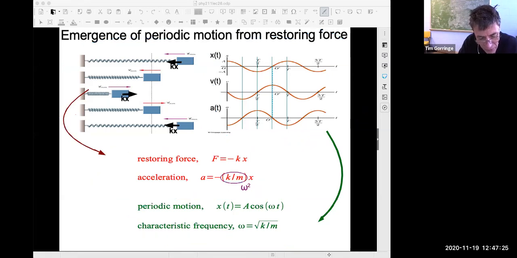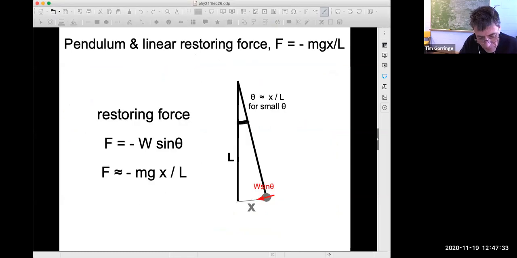But now let's apply those ideas to the simple pendulum. The important thing with this simple pendulum is to realize that there's also a linear restoring force, which again is the heart of the emergent harmonic motion.